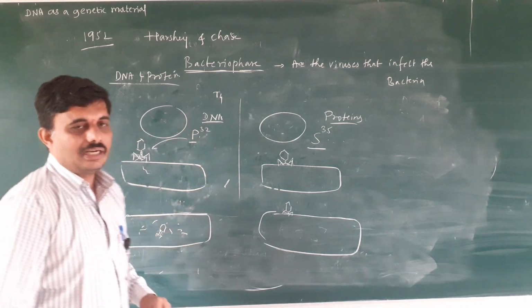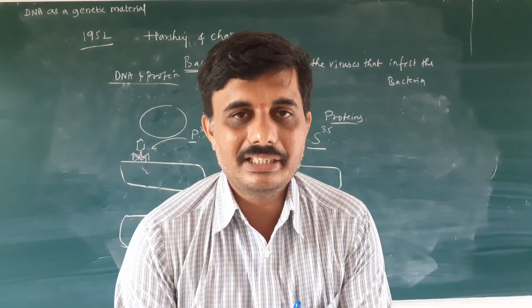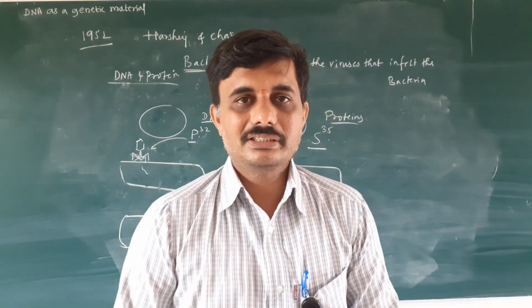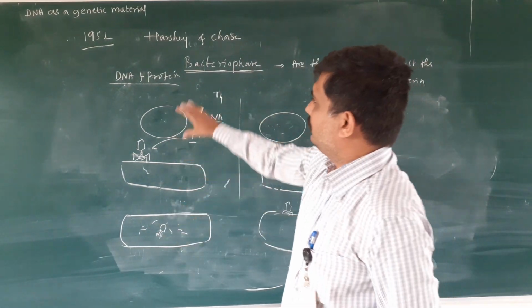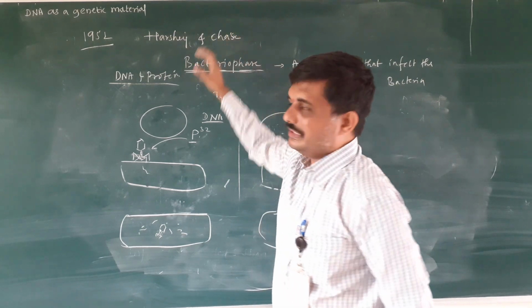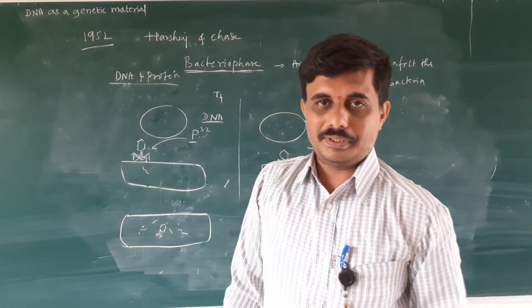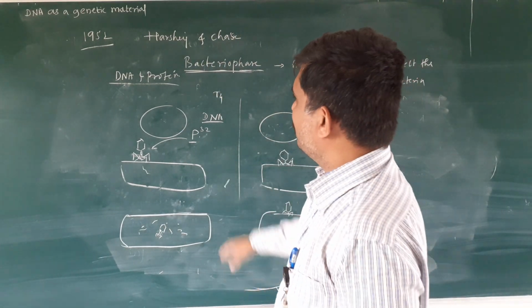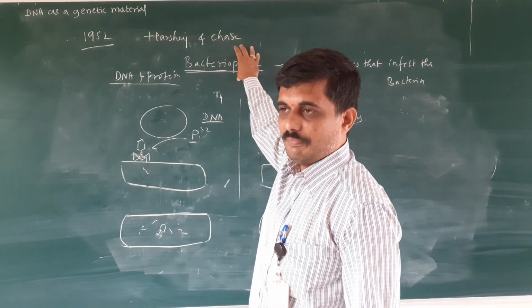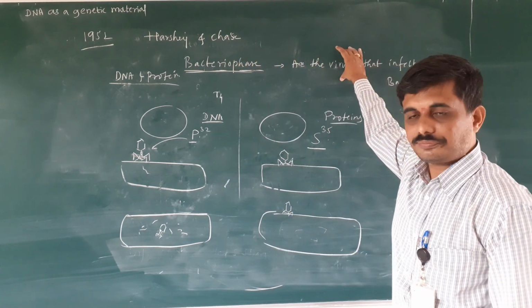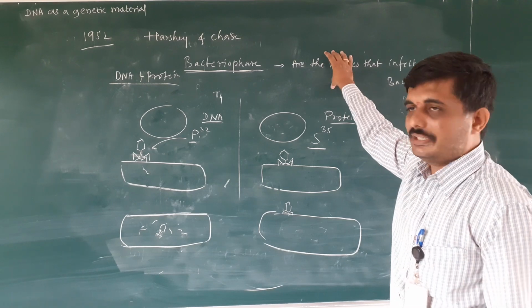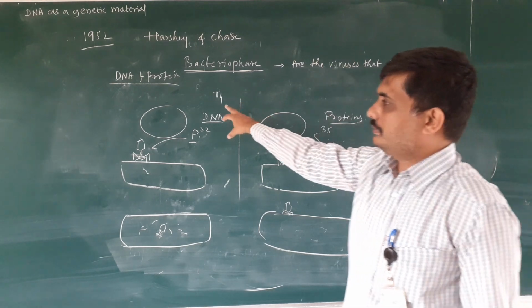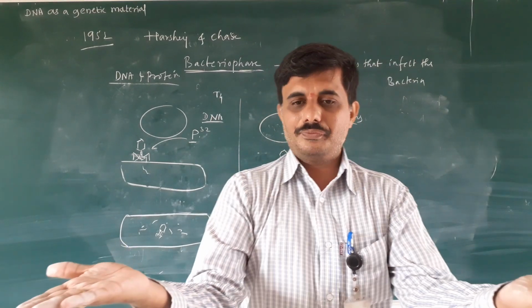This proves that DNA is the genetic material. It is famously called the Hershey and Chase blending experiment. What they did: they used bacteriophages, the viruses that infect bacteria. They used T4 phages growing in two different media.